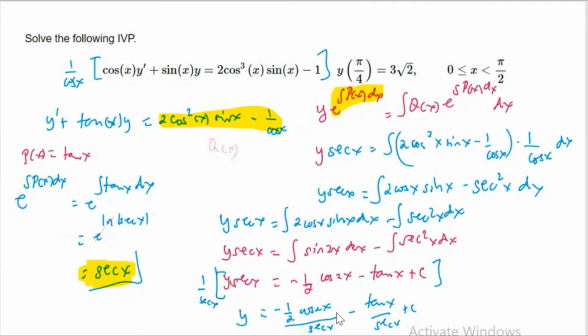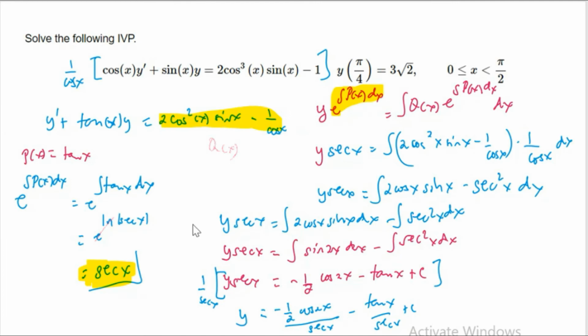Now simplifying, I will just write the last equation here. We have y is equal to negative 1 half of cosine 2x all over secant x minus tangent x over secant x plus c over secant x. The last term should be plus c over secant x.